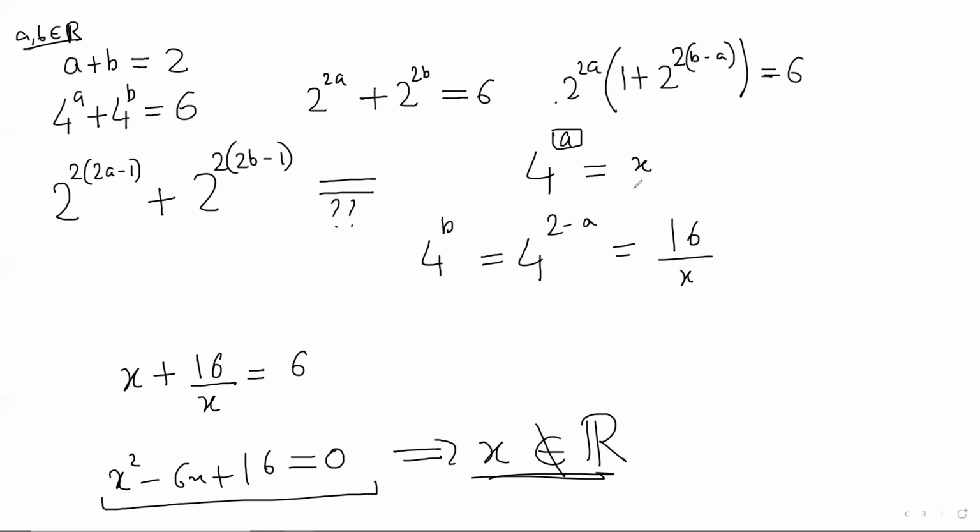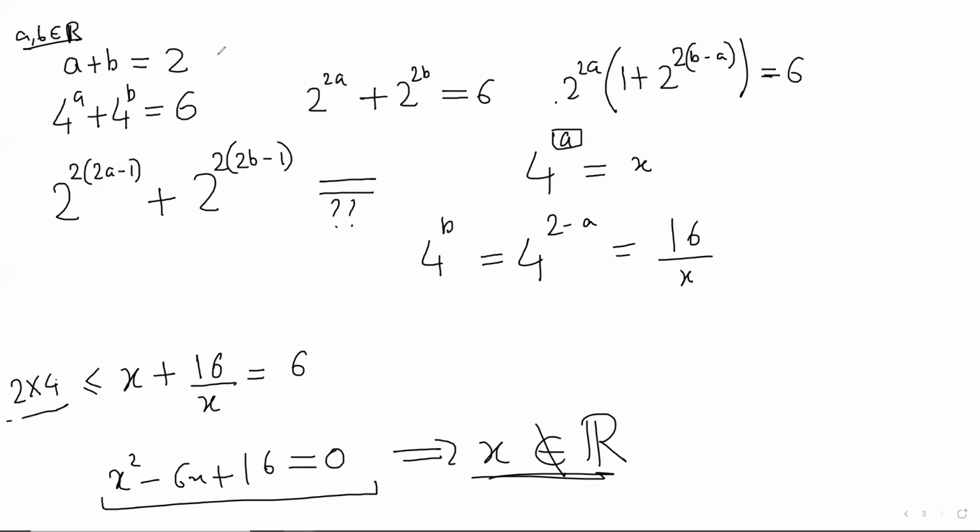Yes, and you could give other types of explanations also. What I'm saying is that you can apply the AM-GM inequality, and that also gives you that it is at least 8.